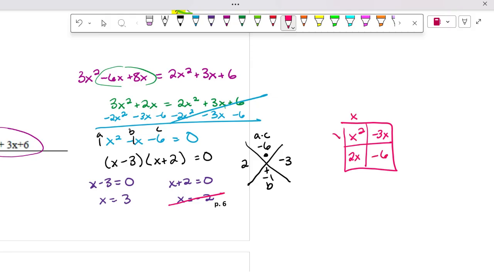So x times x is equal to x squared. And then from there, x times -3 has to be -3x. x times +2 is 2x, still gets our factors. But all big X does is get you these two numbers. So it's just a way to organize that thought process.